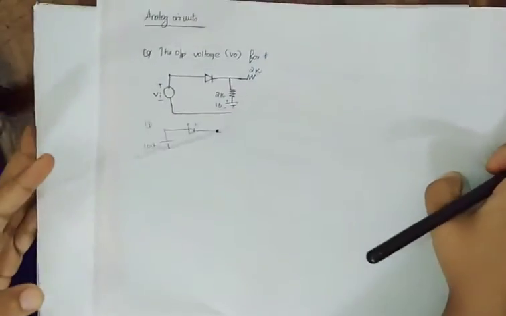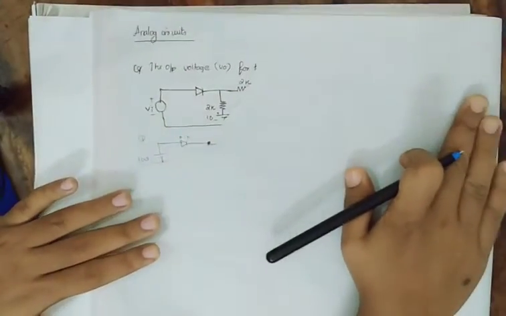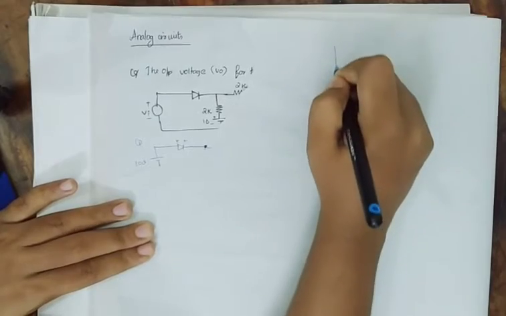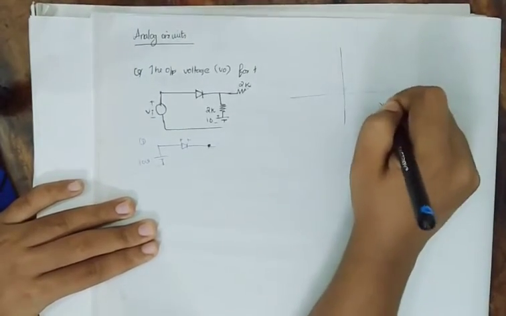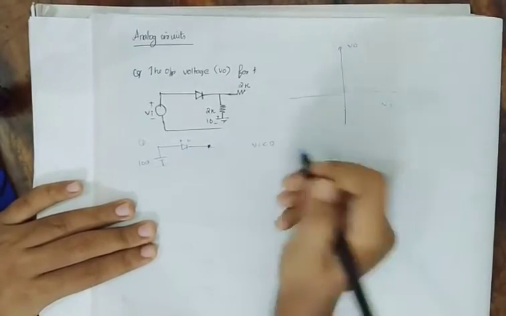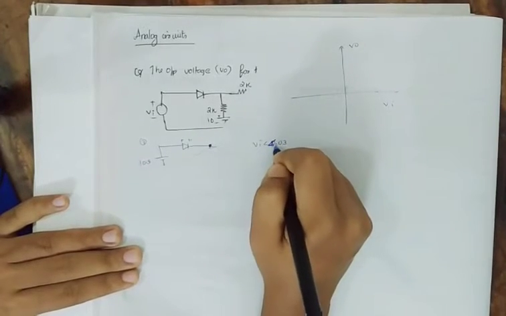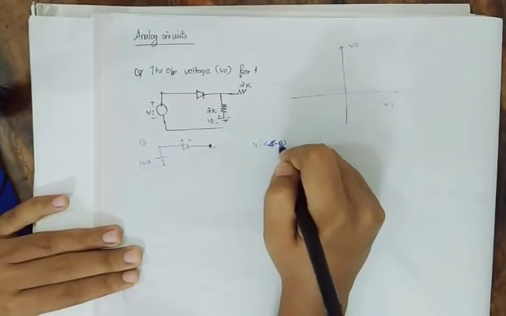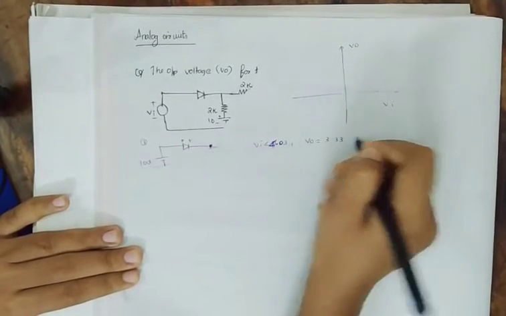And now we'll draw the transfer function. The transfer function is a plot of Vi versus V0, right? For Vi less than 0, and up to exactly 4.03, V0 was equal to 3.33.